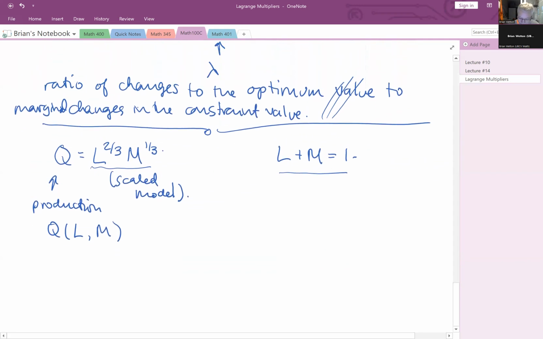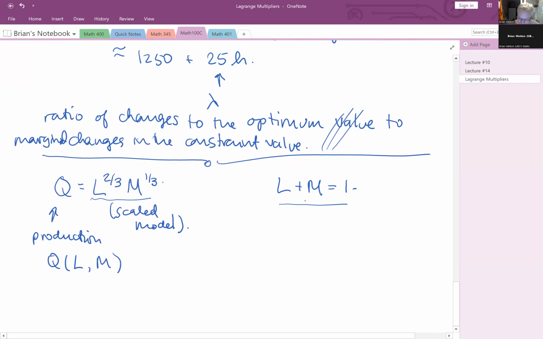And again, we could eliminate M and have Q as a function of L only and make some progress that way. But let's use the method of Lagrange multipliers. In fact, the algebra ends up being a little bit easier.